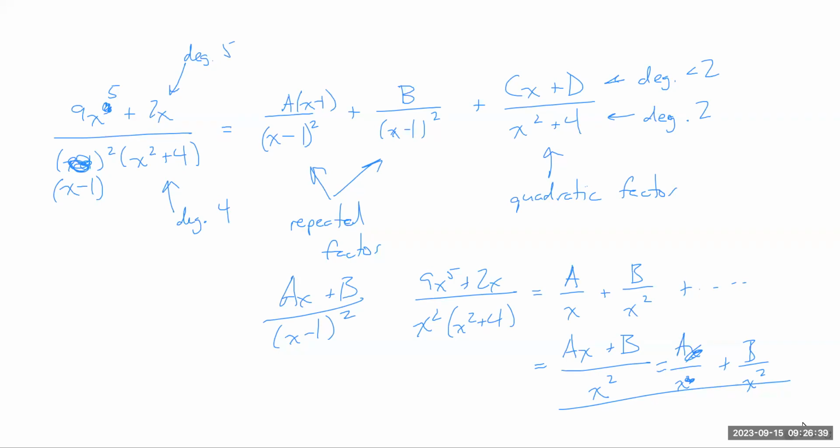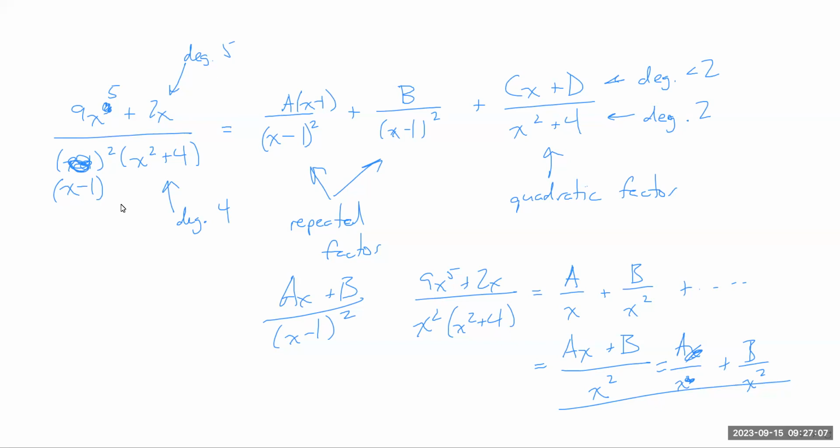I think all the considerations I've had you look out for showed up here: repeated factors, quadratic factors, and this one would necessitate a long division step as well. Which would you solve first, A, B, C, or D?